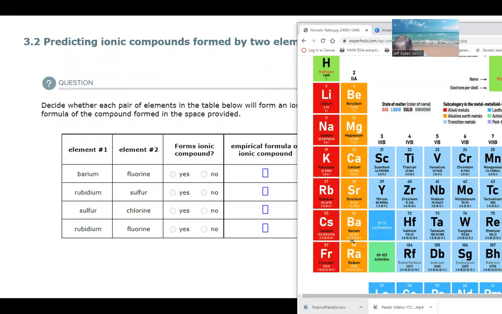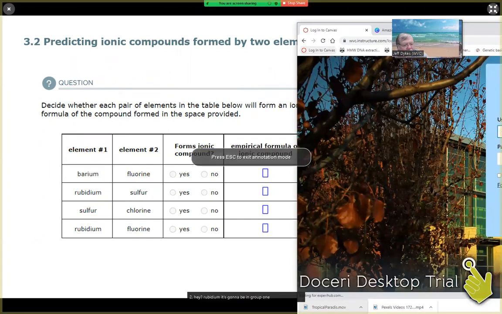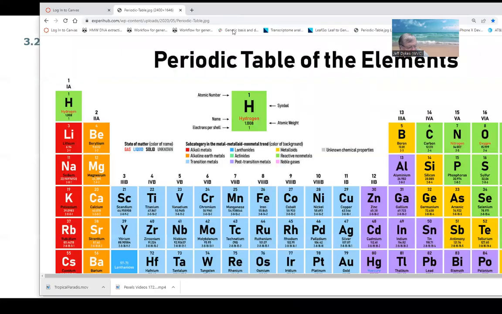Okay, rubidium is going to be in group 1, so it's this one.